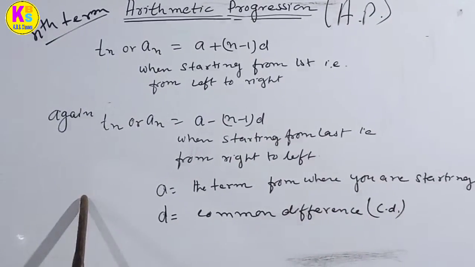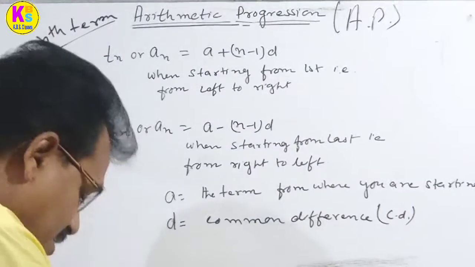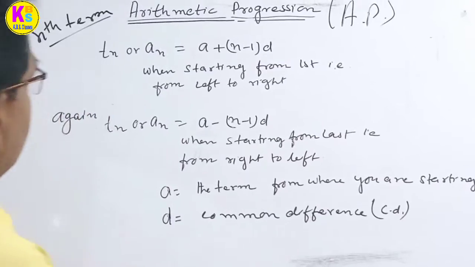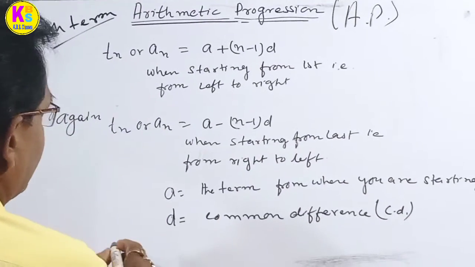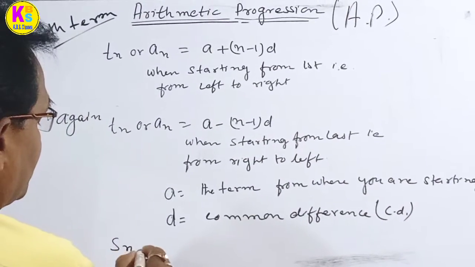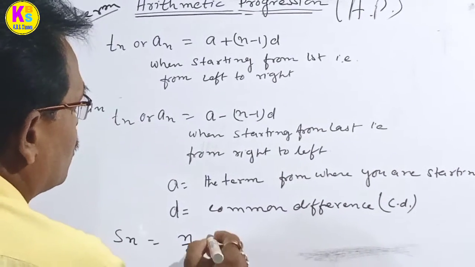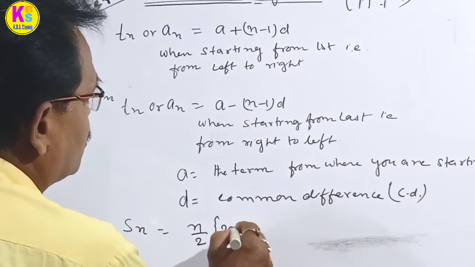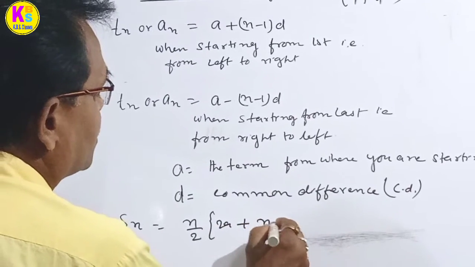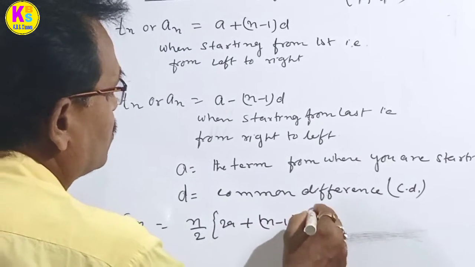And the next formula, for the sum of n terms: Sn is equal to n by 2 into (2a plus (n minus 1) into d).